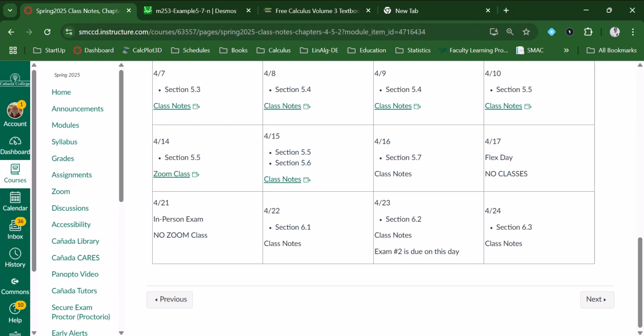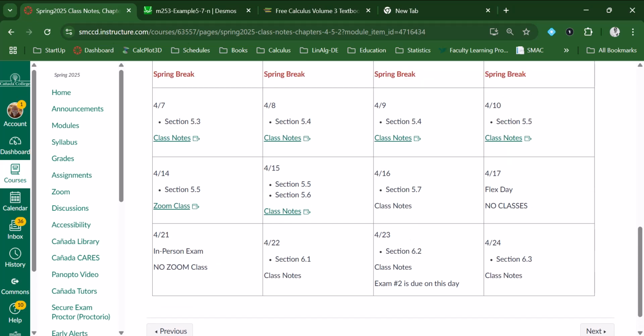Here we are. So no classes tomorrow because of Flex Day. And if you're going to take the exam here in person in class, then you come on Monday. We will have class the rest of the week, Tuesday, Wednesday, Thursday, and starting new material. But the exam is technically due on Wednesday next week.